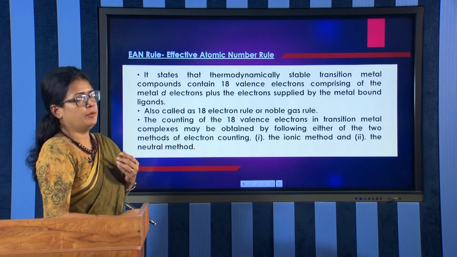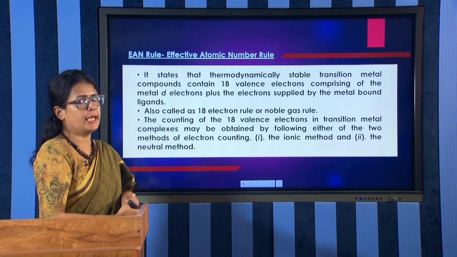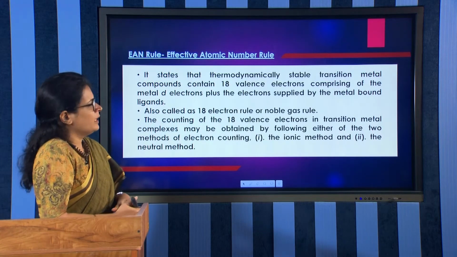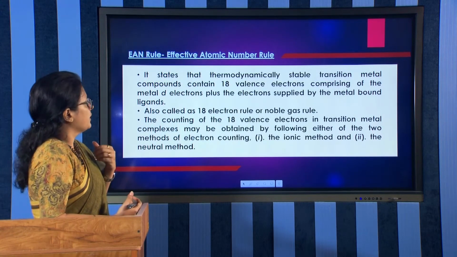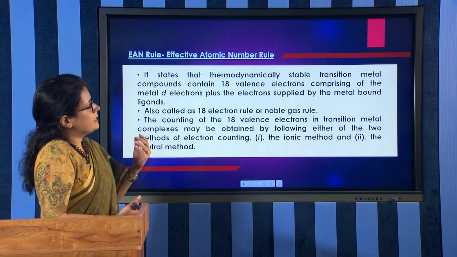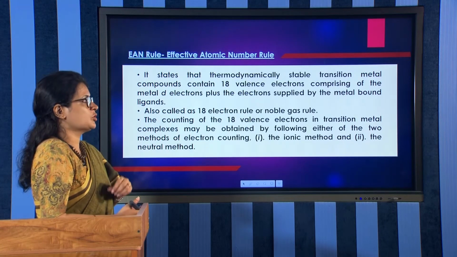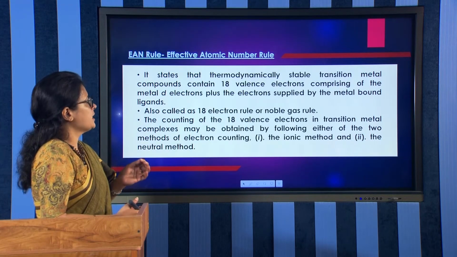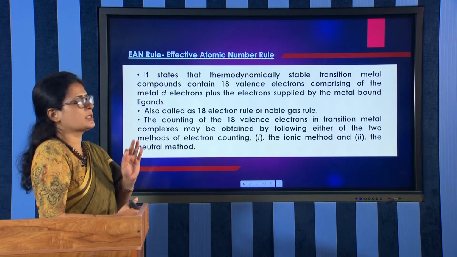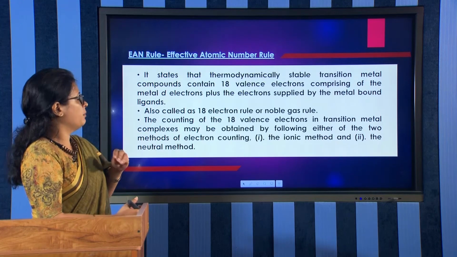And now, we have told that Sidgwick concept is based on the EAN rule. What is EAN? Effective atomic number. Then what is effective atomic number? The rule states that thermodynamically stable transition metal compounds contain 18 valence electrons comprising of the metal d electrons plus the electrons supplied by the metal bound ligands.